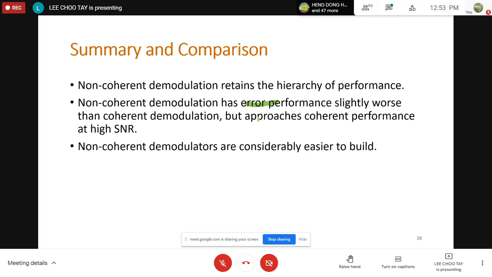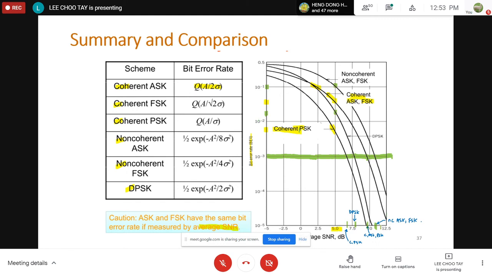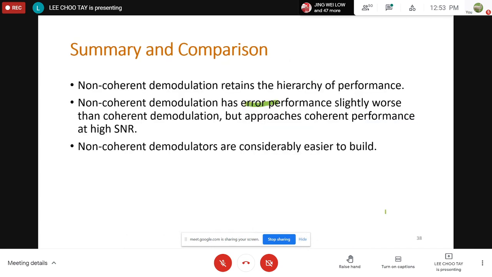But if you increase the signal to noise ratio, meaning you increase your signal power, you can see that the coherent and non-coherent graphs will get closer and closer to each other. Therefore, the non-coherent detection method's performance will approach the coherent method at high signal to noise ratio.